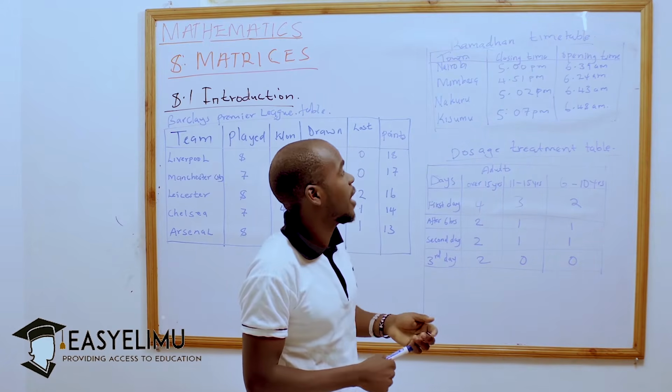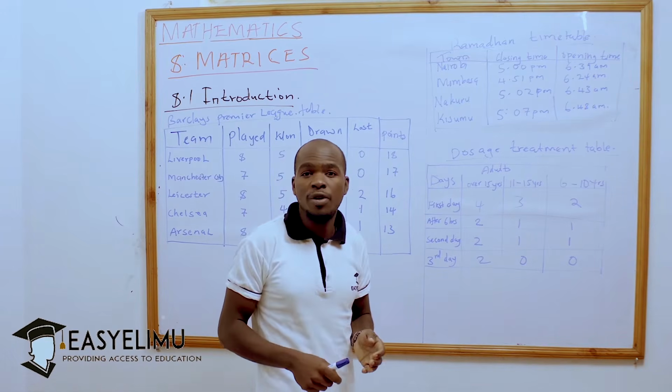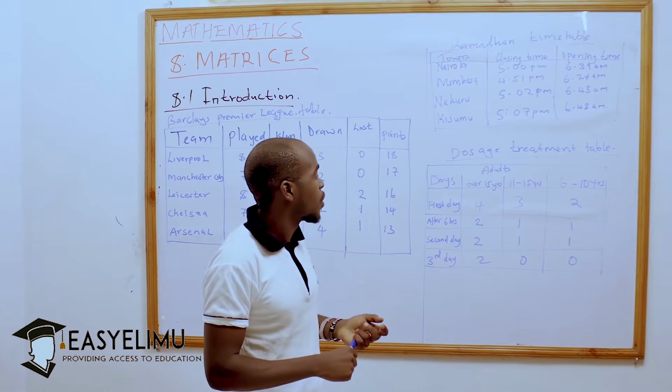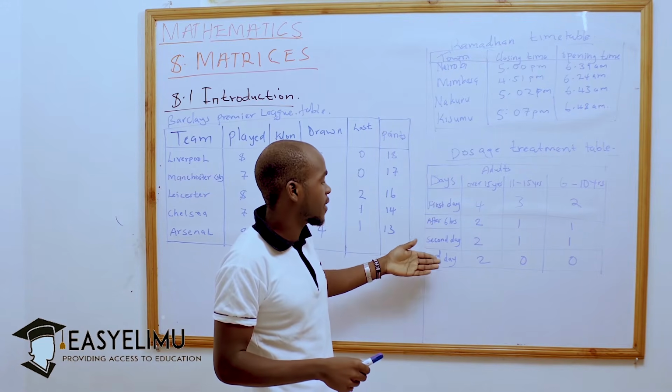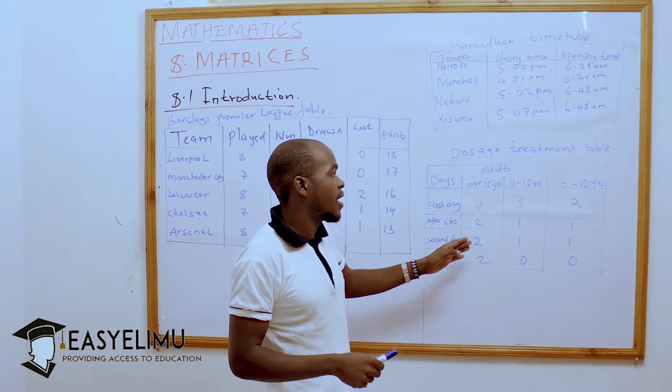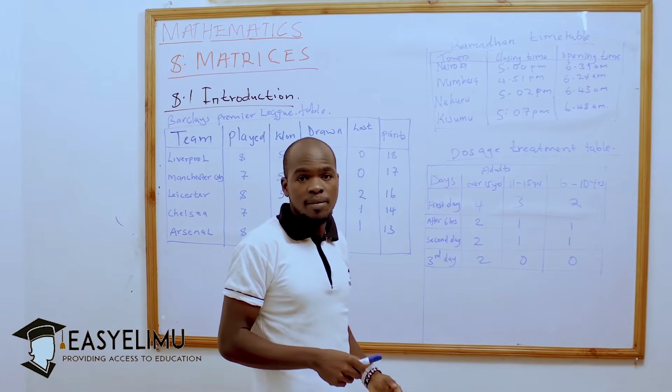Now we have another dosage treatment table for the treatment of malaria, and we can see for the days we have first day after 6 hours, second day, third day, and others, given as below.